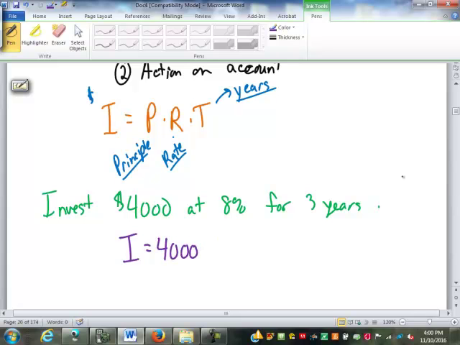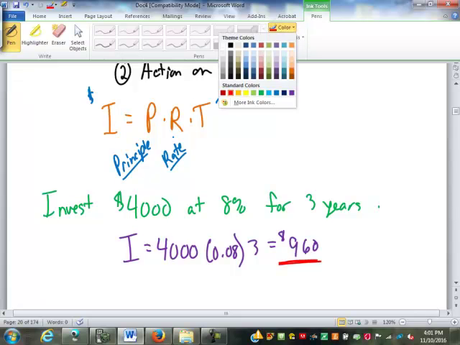That's the money you started with. Rate, 8% or 0.08. Your time is 3 years, so 3. 4,000 times 0.08 times 3 is 960. So your interest is $960.